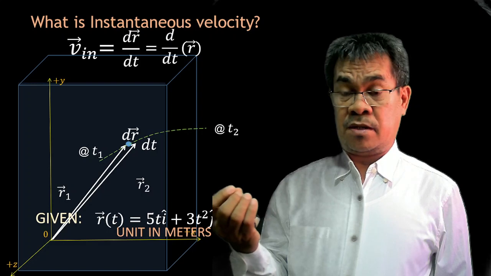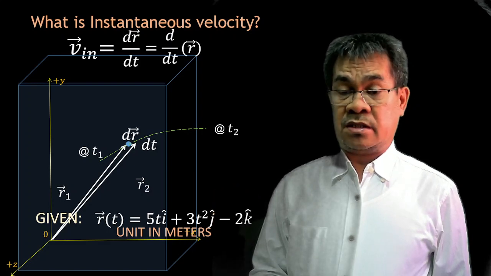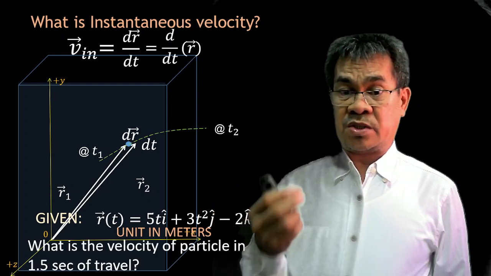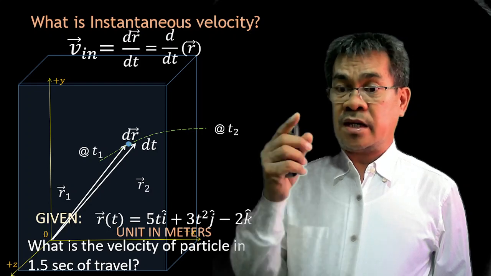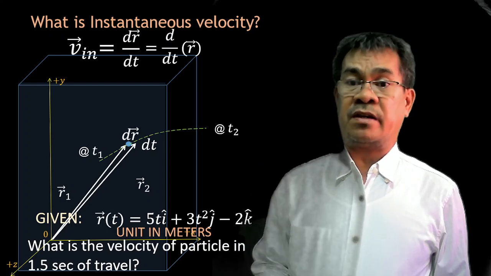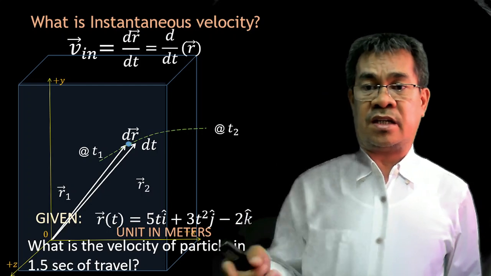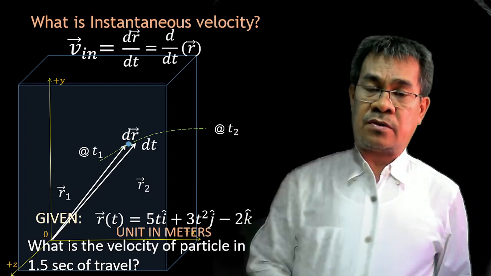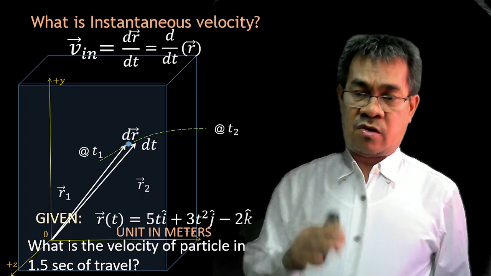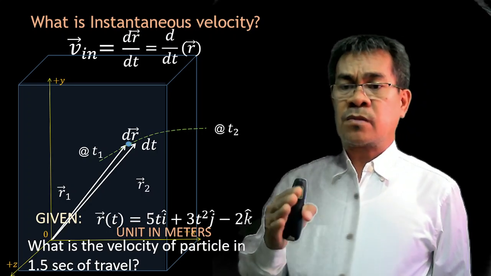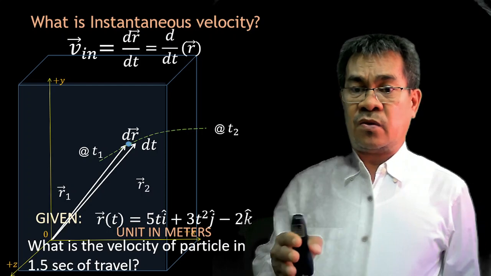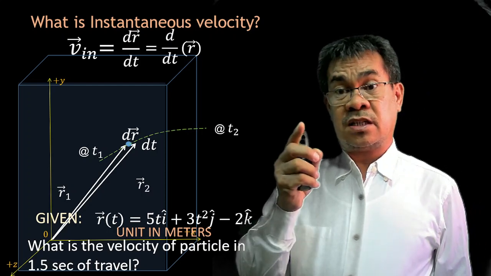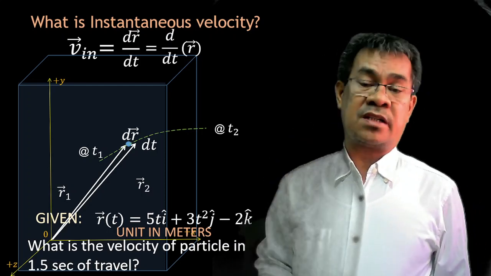But this time, our problem is: what is the velocity of the particle at 1.5 seconds of travel? Previously the particle started from 1 second and ended at a time of 3 seconds. Now the question is, what is the velocity when the particle is at the time of 1.5 seconds?